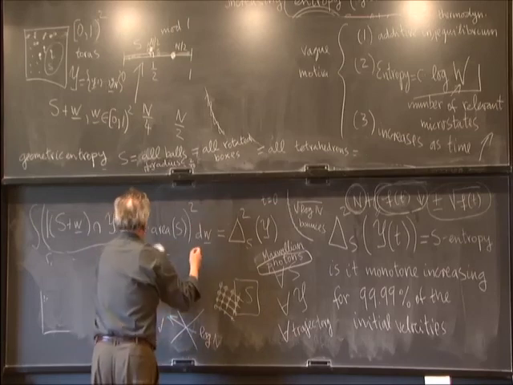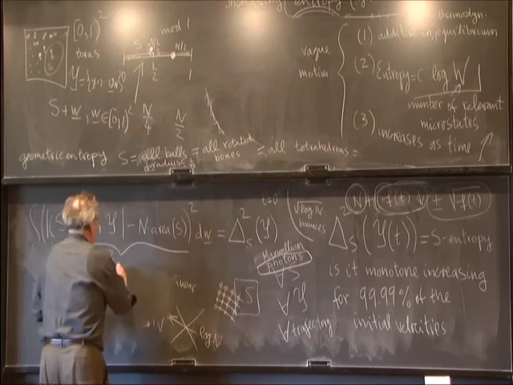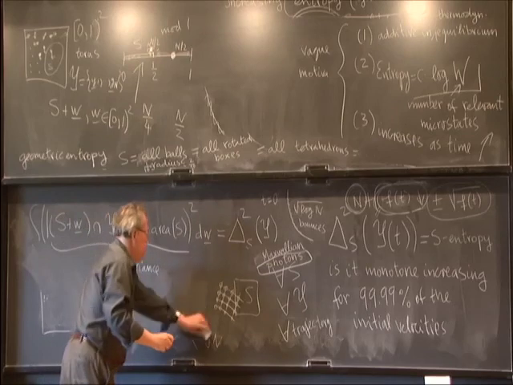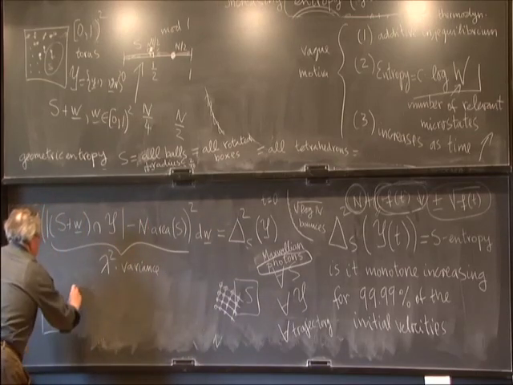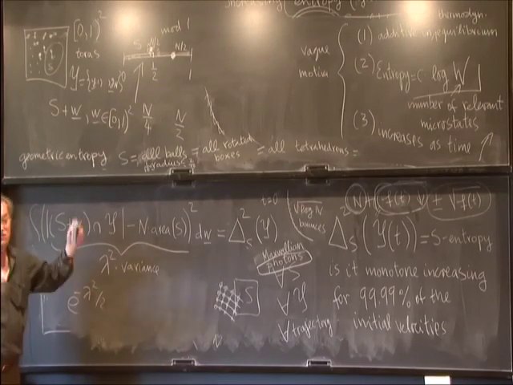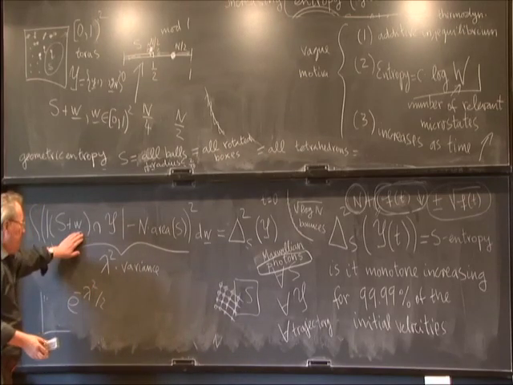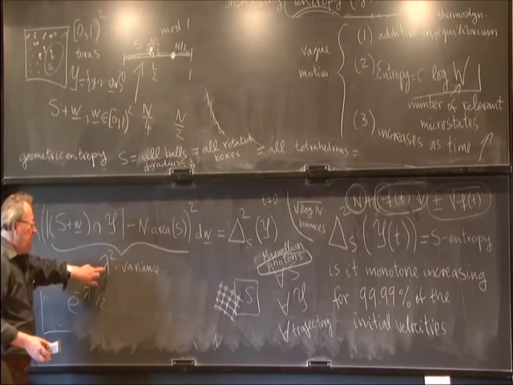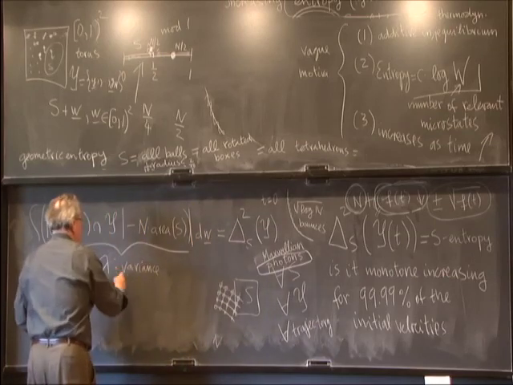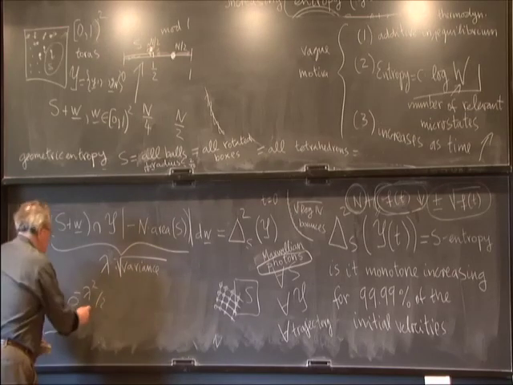If this is lambda squared times the variance, then for a random set, the probability is e to the negative lambda squared over 2, right? So suppose lambda is at least 1 or 100 or 5. Then for a random set to have deviation lambda times the standard deviation, the probability is this.